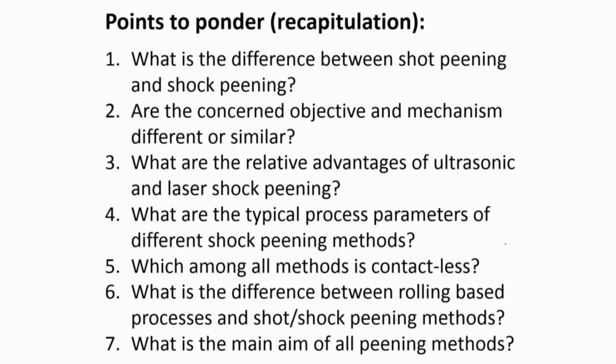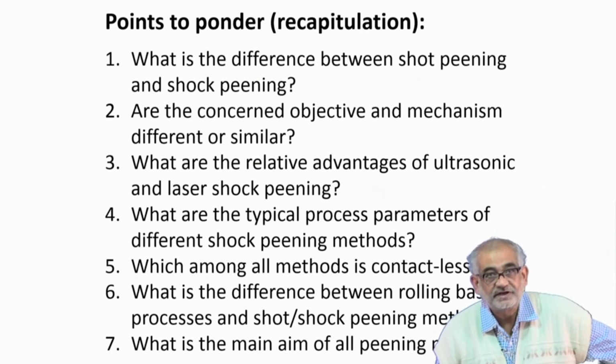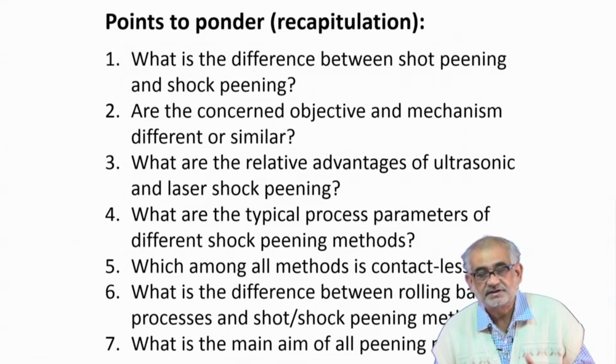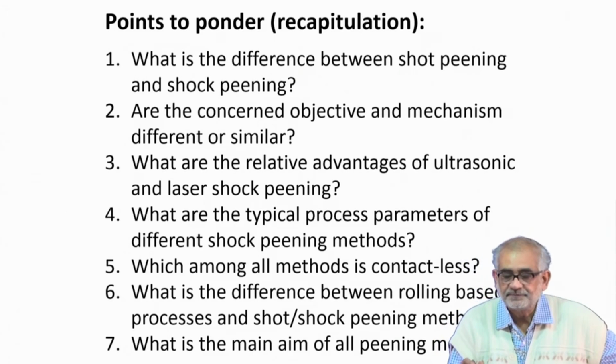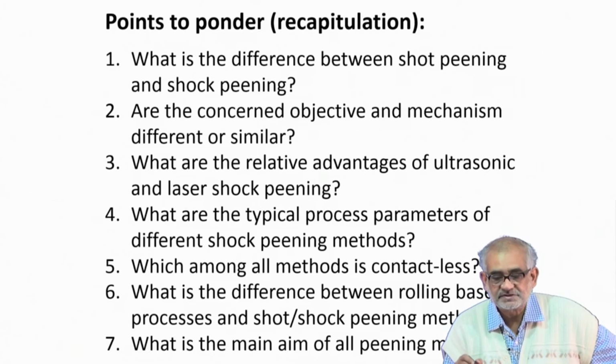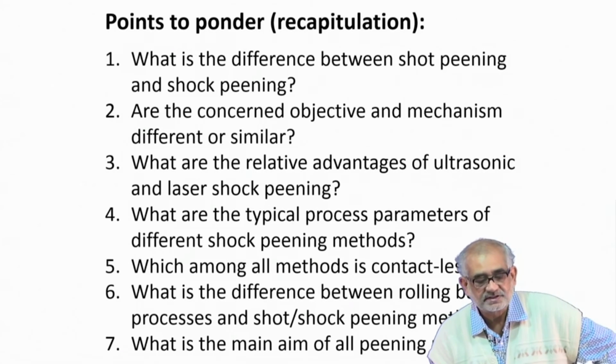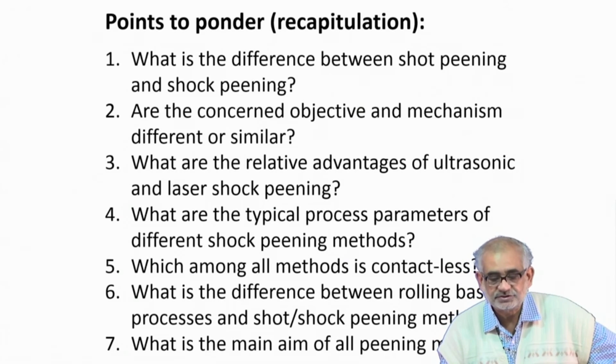So, time to recapitulate. What we have discussed so far are the processes related to surface deformation, limited surface deformation, leading to creation of residual compressive stress onto the surface. So, we discussed shot peening in the previous lecture, and now we discussed ultrasound propelled shock peening.